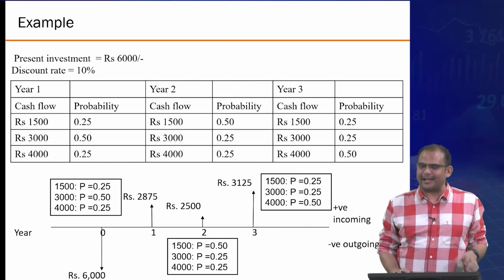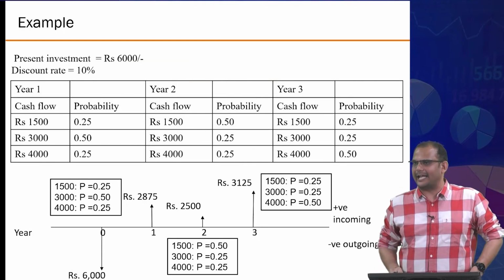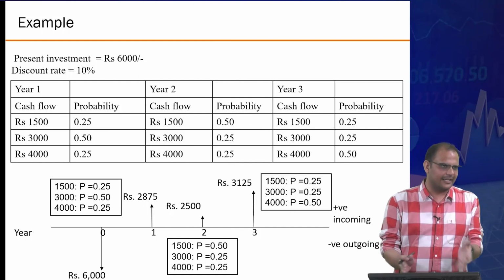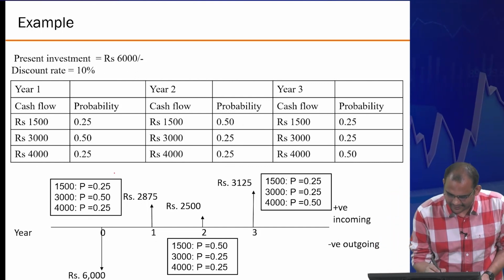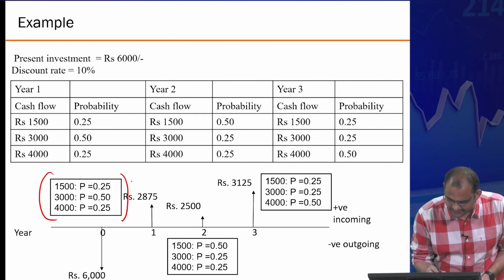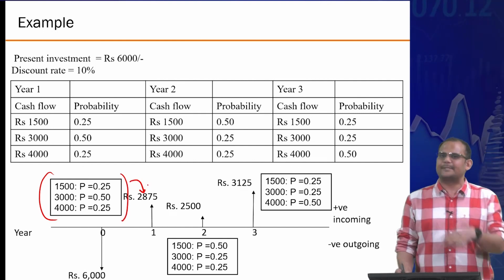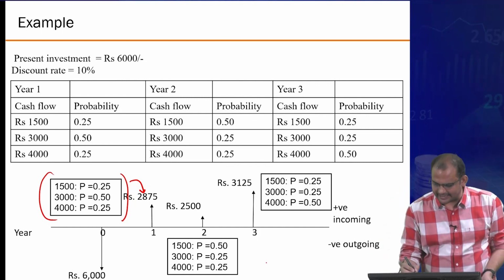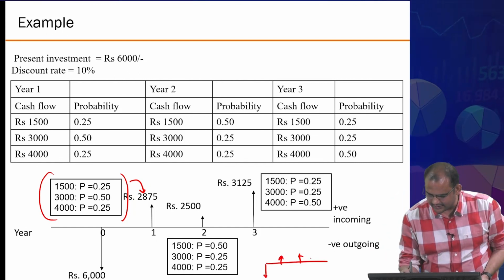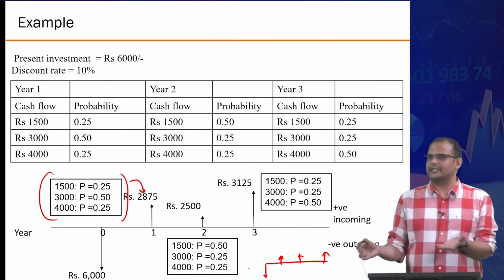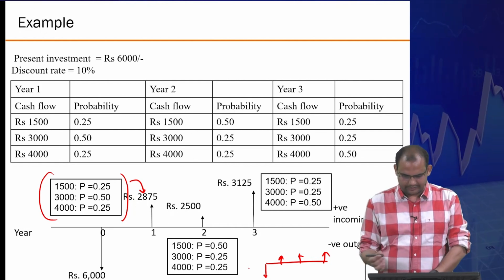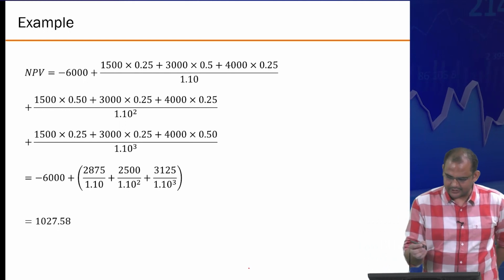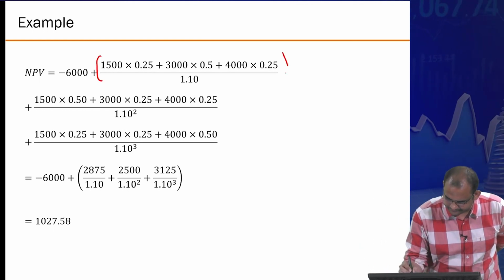So using this value, now if I ask you to calculate the NPV of this cash flow series, how will you calculate? Basically, once you have taken this probability distribution into account and you have calculated the expected values of each cash flow, then you are dealing with a normal cash flow series. You have an expected value and then you can simply discount it with respect to the formulas that we have seen already. So essentially that's what has been done here.